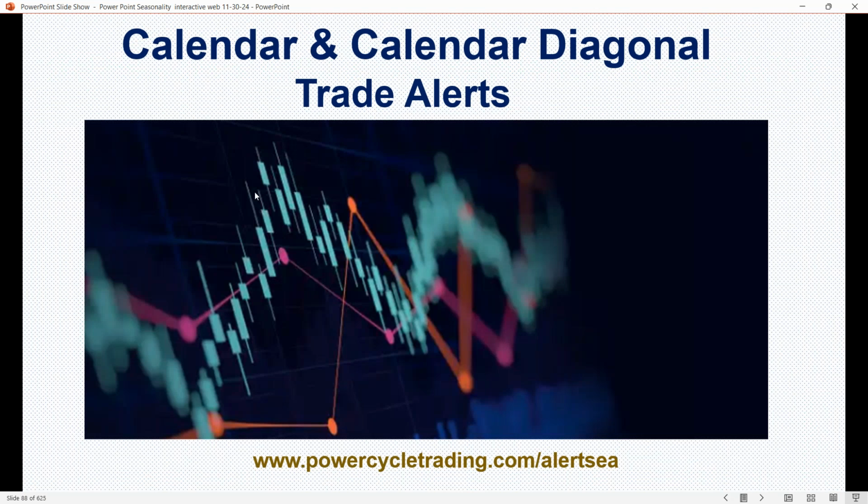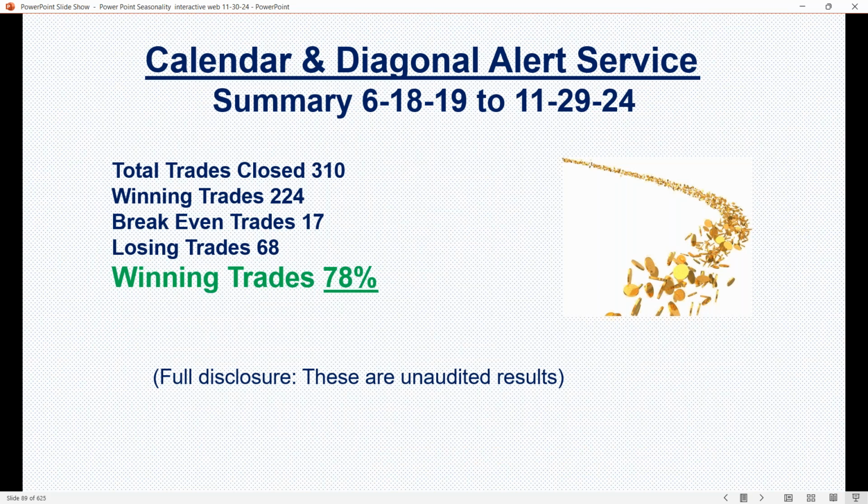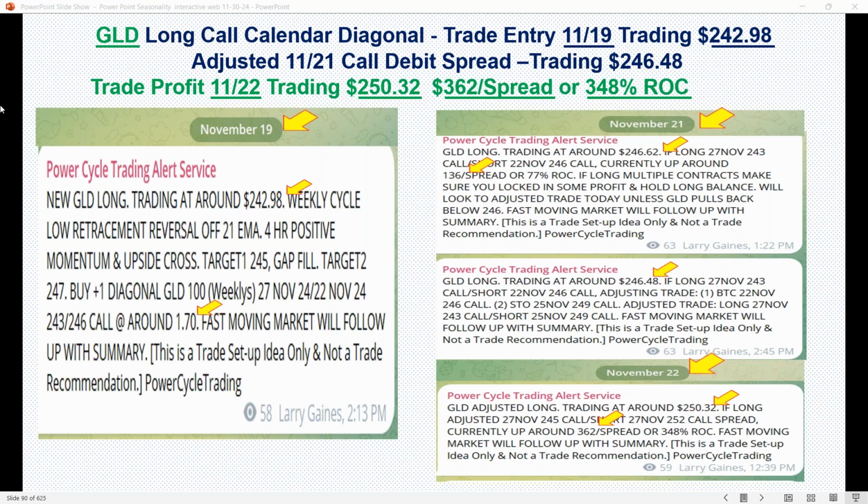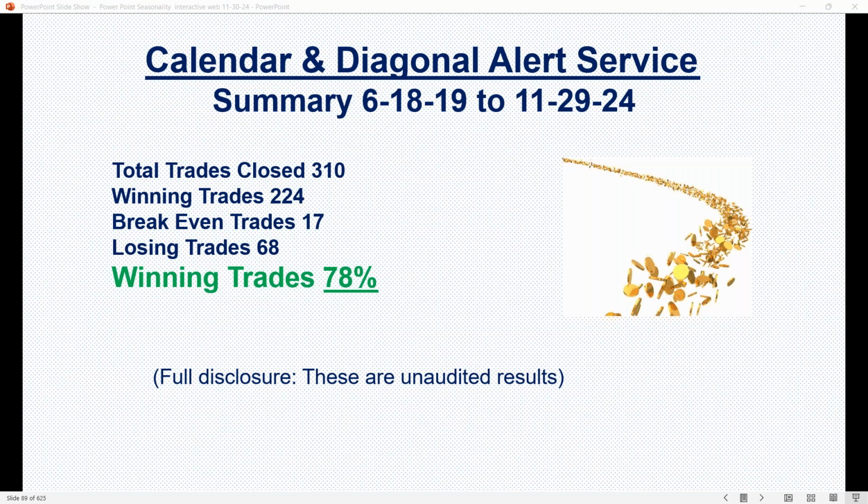And then here are the calendars. We do a lot of these, okay? You can see the summary real quick here on our calendars. These are sometimes a little bit longer term trade setups. Let me just, this thing is flipping around on me here.